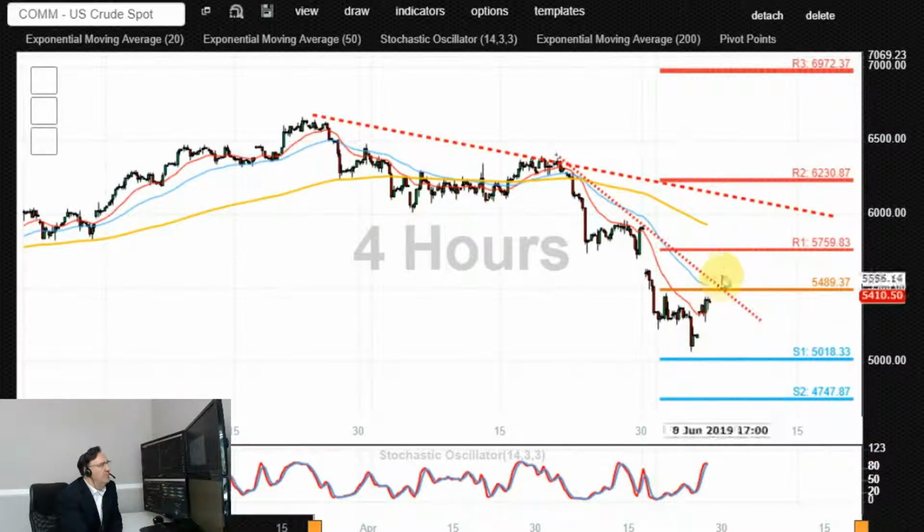Alternatively, if we see a breakout above this current resistance, therefore the trend line, 50 period moving average and the pivot at 54.89, a retest of that level from above as a newly found support and a corrective move higher, that would open the way for the retest of additional resistances towards 57.60, which would be a cluster of these previous lows from the consolidation.